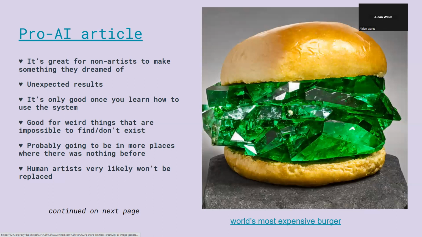There's unexpected results, because these AI models aren't humans, and they create things based on probabilities and don't have a conception of what good or bad is. So some things may come out. It's only good once you learn how to use the system. It does take a certain amount of tweaking skill to really get the most out of it.